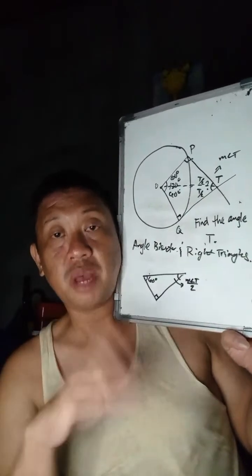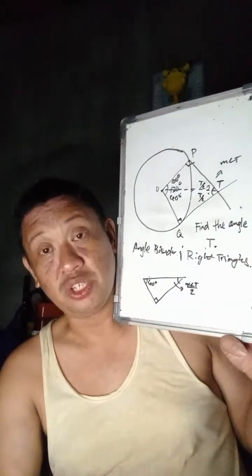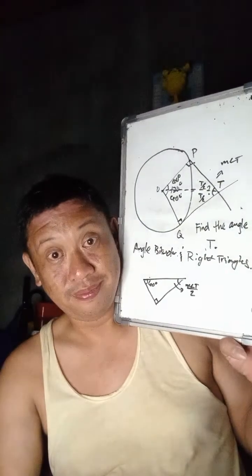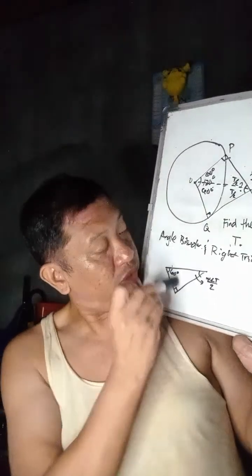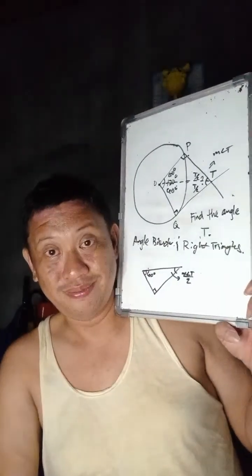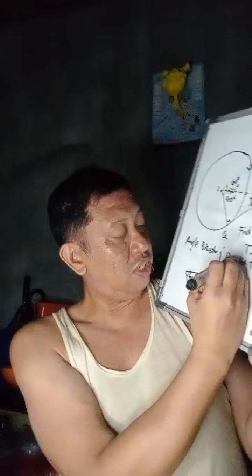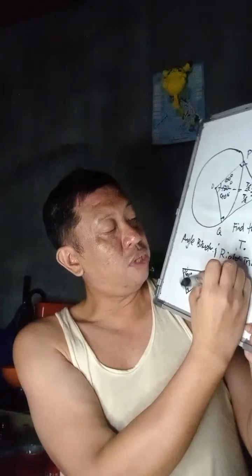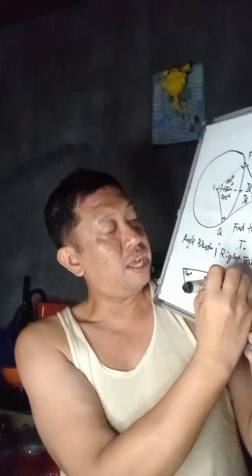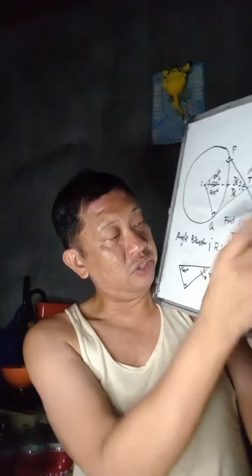Now, according to the sum of interior angles of a triangle, the sum of which is 180 degrees. So the sum of these three angles will always be equal to 180 degrees. Okay, having said that, so this measurement of angle T over 2 plus 60, then this perpendicular angle is always 90 degrees, so we'll just have to add 90 degrees is equal to 180 degrees.